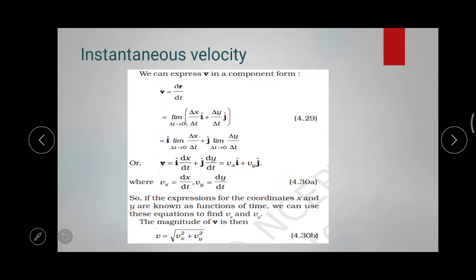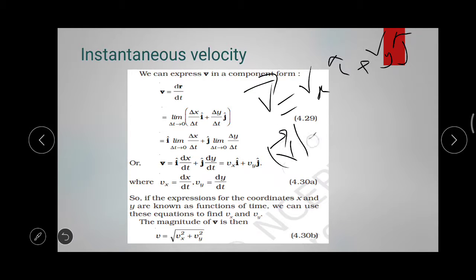Now you have the x component value vx and the y component value vy. So vector v will be equal to vx i cap plus vy j cap, which is in the form of C is equal to A plus B. Then you know that the magnitude of v will be equal to the square root of vx square plus vy square.